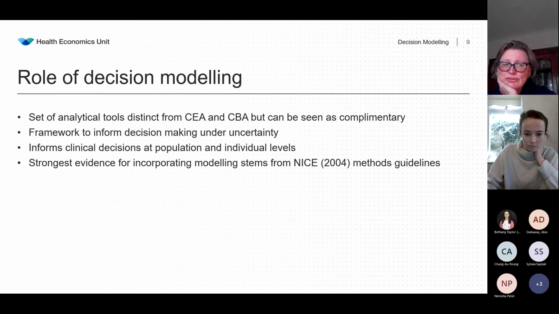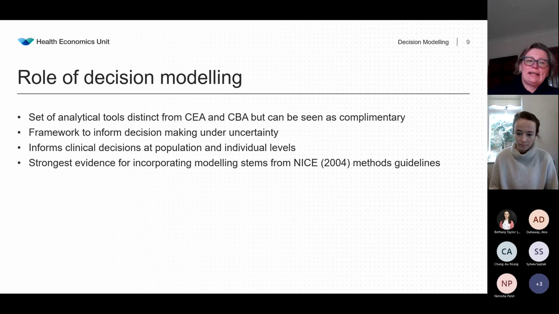It's a set of tools. They are distinct from other types of economic analysis. So maybe think about what we've covered in the previous session, if you attended, as decision modelling really being complementary to other types of economic evaluation. And it is used to inform clinical decisions at both the population and individual levels.